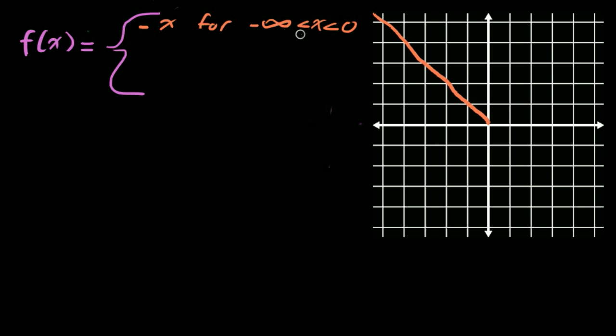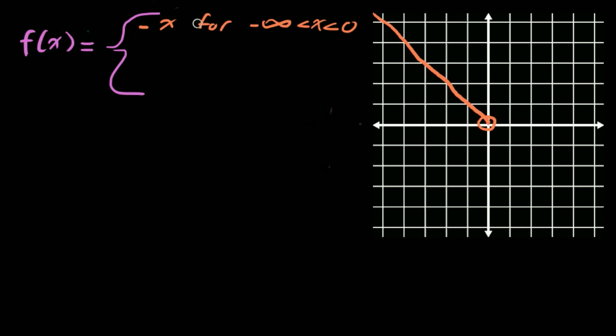Do we know that x is equal to 0 there or not? Hopefully you can see that this is going to be an open circle at x equal to 0, because we say for all x greater than negative infinity but less than, and not equal to, 0, our function is defined as minus x.